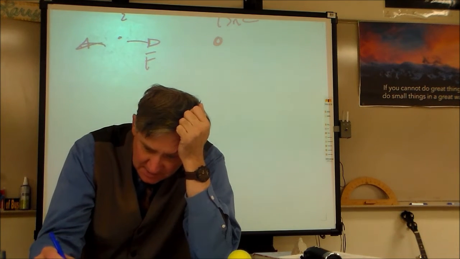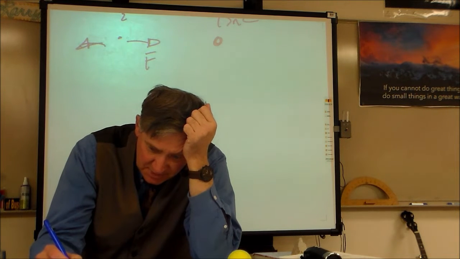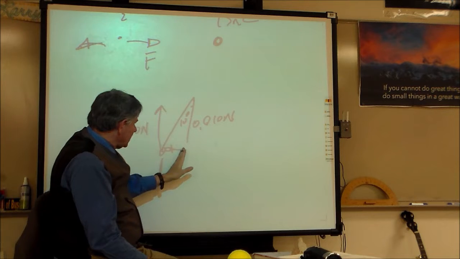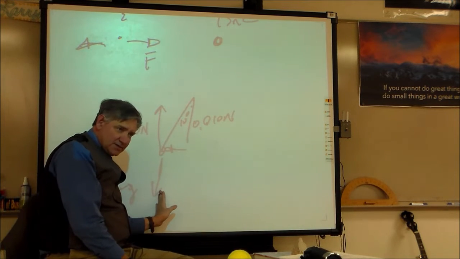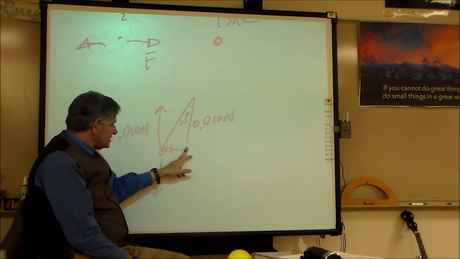And you know that this is like a 10-degree angle. So your electric force is going to be this side. So the vertical component of this triangle has to balance out that gravitational force. So that's 0.01.